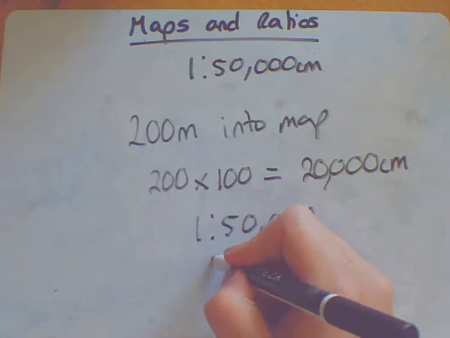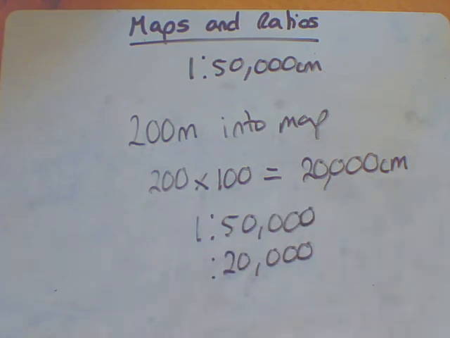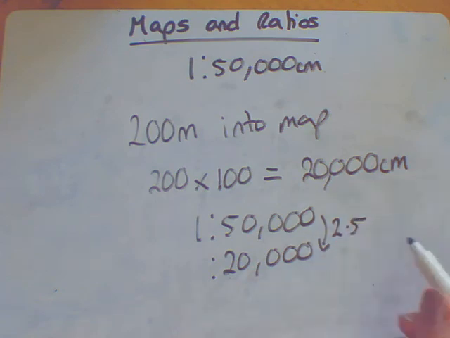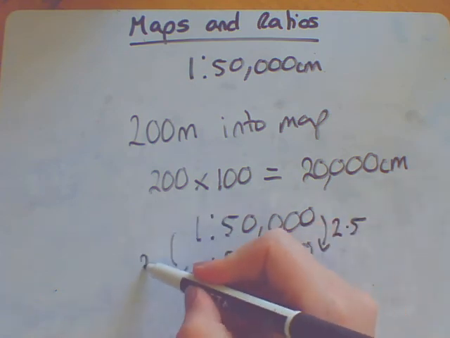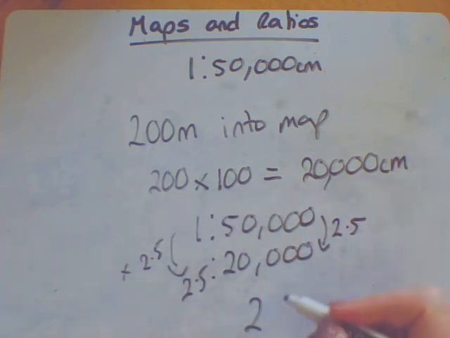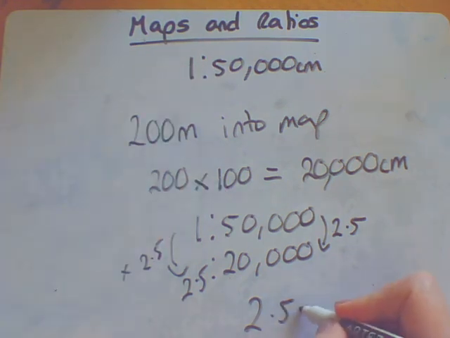Don't know what this side is, but I know that this side is 20,000. So how can I turn 50,000 into 20,000? That's right. I could multiply by 2.5. So what am I going to multiply this side by? 2.5. So 200 metres, because of this scale, is 2.5 centimetres on the map.